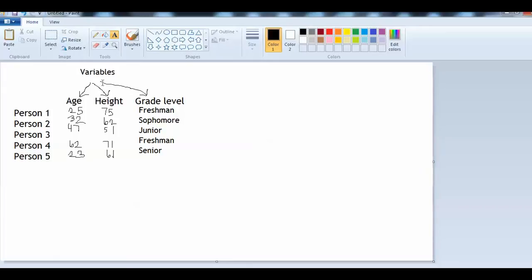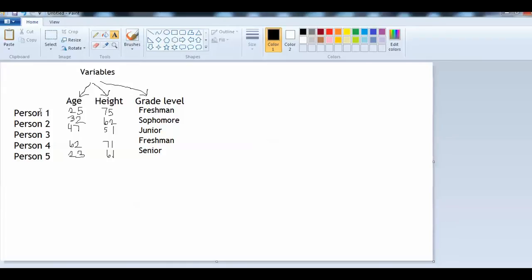If you imagine a spreadsheet with data entered into it, each row is a participant, because each row has data from different people. The data that we recorded from person 1 is here, here, and here, and the data that we recorded from person 2 is here, here, and here.